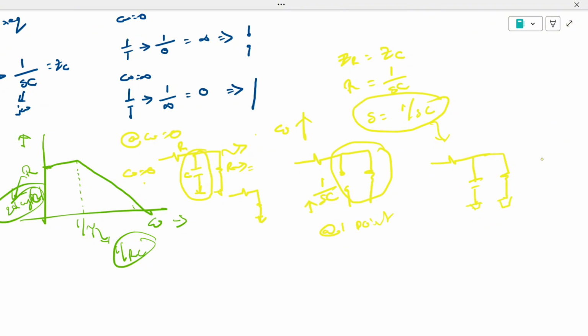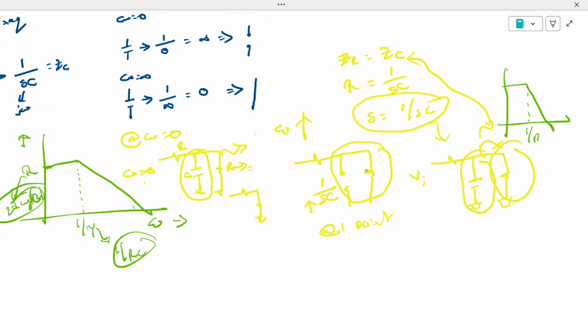So at this frequency, if you see carefully, this impedance and this impedance are equal. Both impedances are equal. So the voltage drop here will be off time. So that's what we will represent in the Bode plot also.